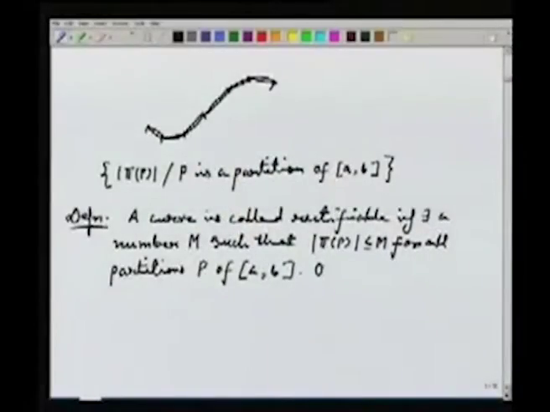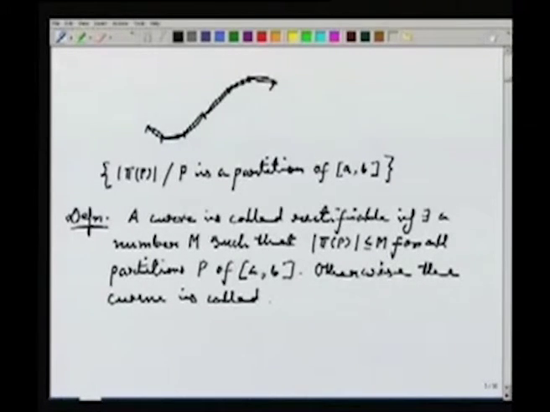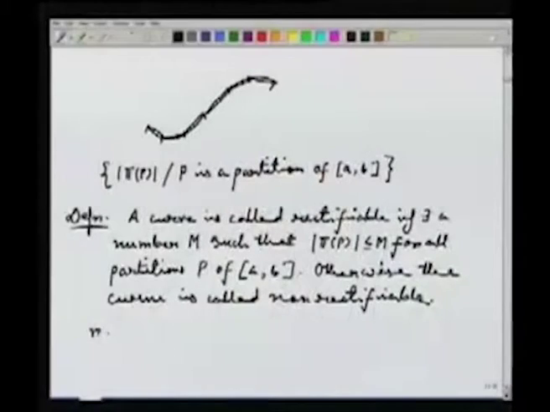So I will just say otherwise the curve is called non-rectifiable. Now, to make things precise, I would start with a curve r, r(t) equals (x(t), y(t)).